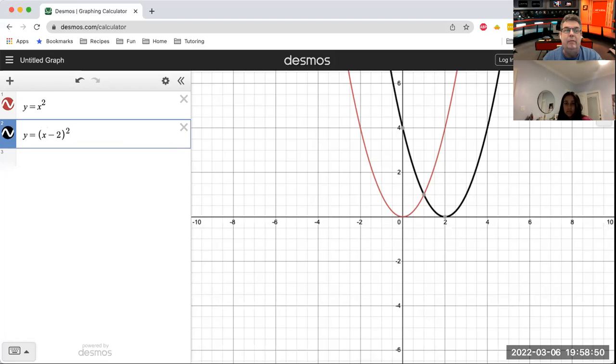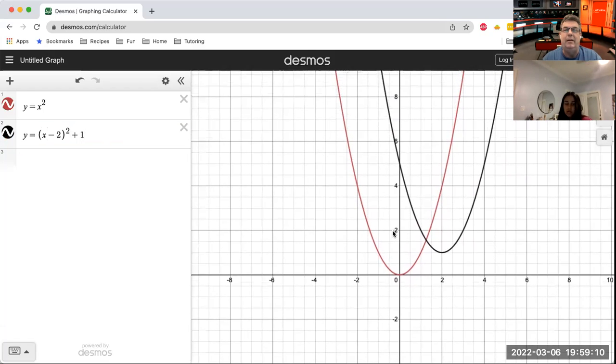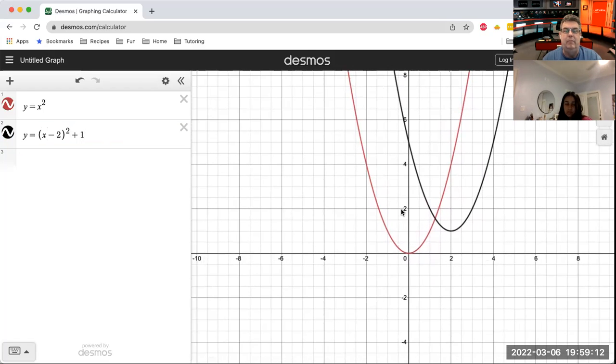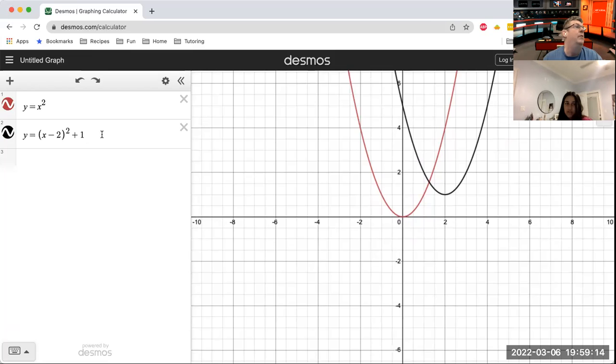So that's a vertex of 2, 0, isn't it? Okay, and then if we do the plus 1, I moved it up. So over 2, up 1. If you picked up that x squared and put it 2 to the right and 1 up, it would be the same exact thing as the second one that you put.